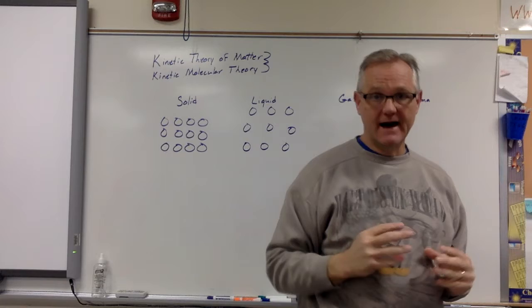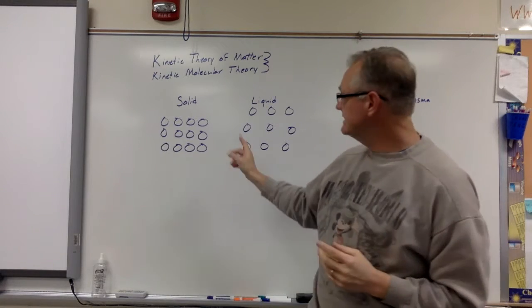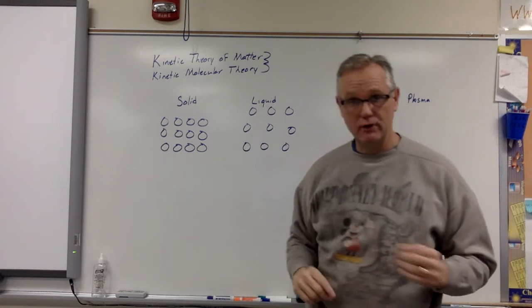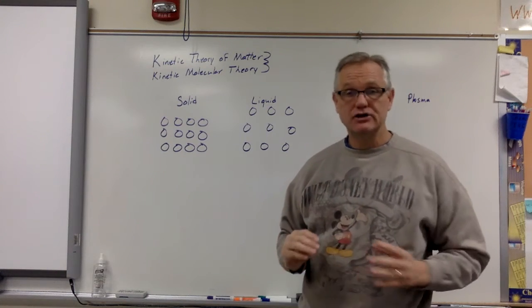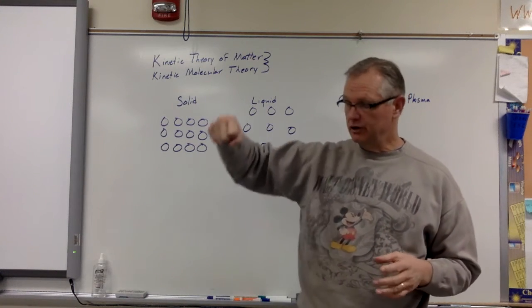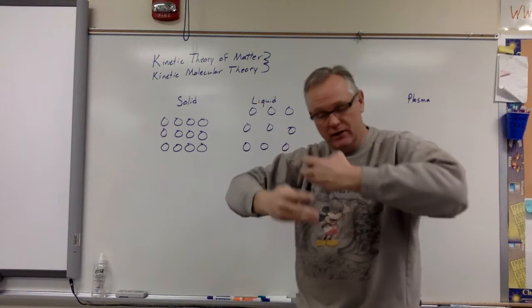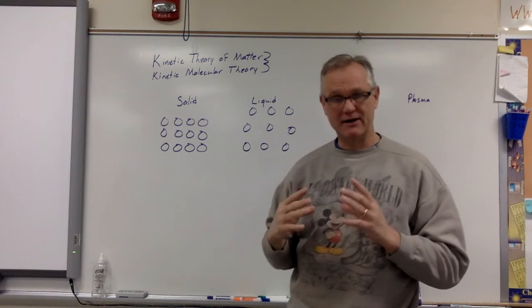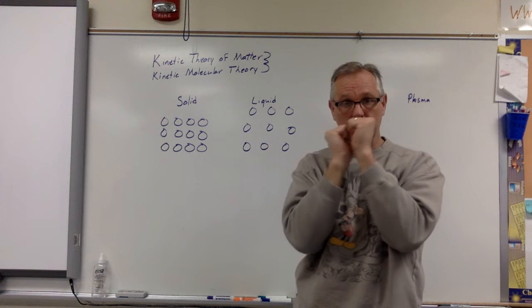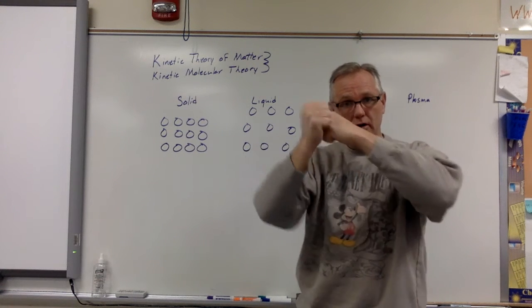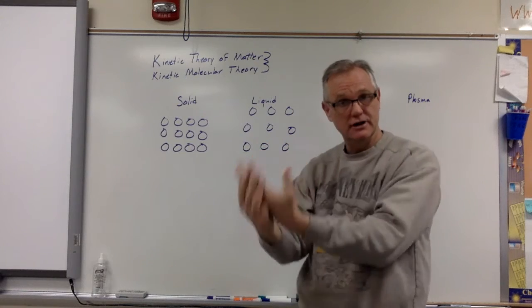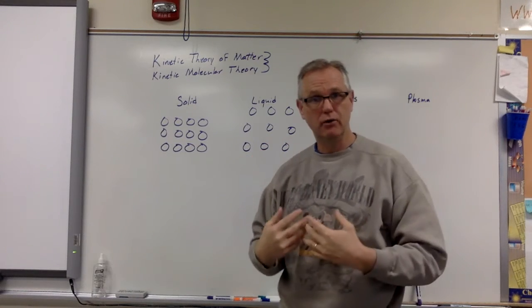So if they have enough space between them, as they can move around their neighboring particle, they just changed into a liquid. If you think about a liquid like water and you pour it out of a pitcher, you can see it rolling out. Well, that's the macro version of what's happening on the micromolecular level. These particles are moving around each other, so it has that ability to pour.